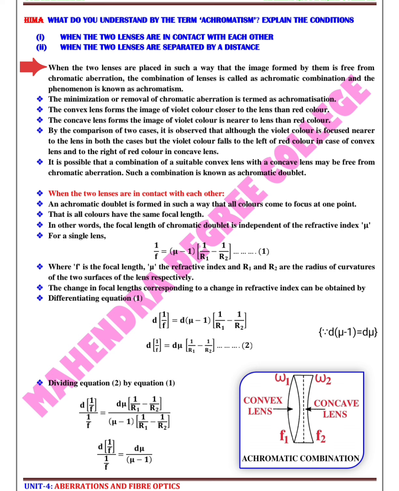The solution is the achromatic combination. To fix this, we combine two lenses: a convex lens, which bends light inward, and a concave lens, which bends light outward.